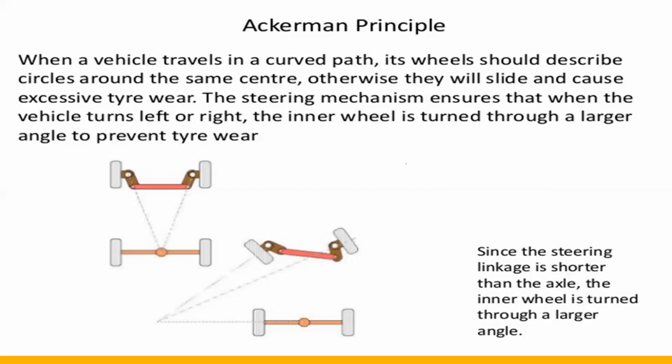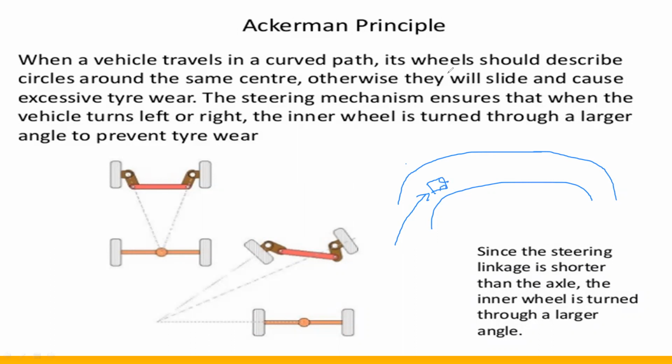So when a vehicle travels in a curved path, the vehicle is moving along one curved path. In this curved path the vehicle is running, so the tires of the vehicle are also turned. It is one tire and it is the next tire.